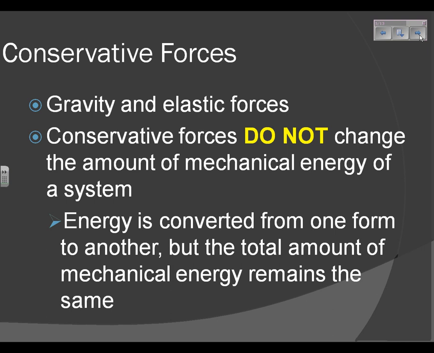By how much? The same amount. It's like a seesaw. At the beginning, it's all potential and no kinetic. But as it falls, potential goes down, kinetic goes up. Right before it hits the ground, that very instant before it hits the ground, what could we say about its energy at that point?